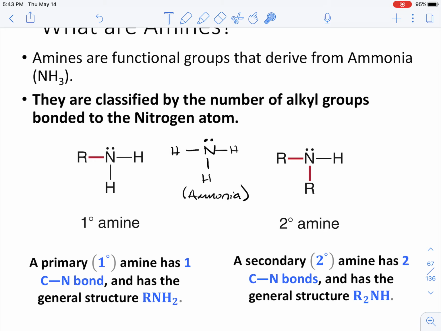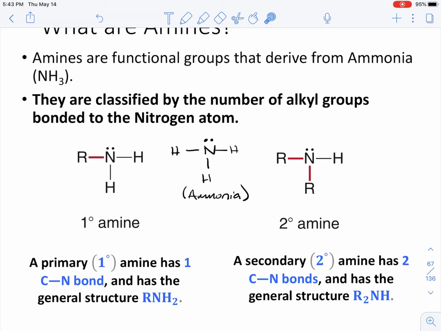Now, if I move to the structure to the right of the screen, a secondary amine is represented by a central nitrogen that is covalently bonded to 2 R groups. These 2 R groups can be the same alkyl chain, or they can be 2 completely different organic compounds.